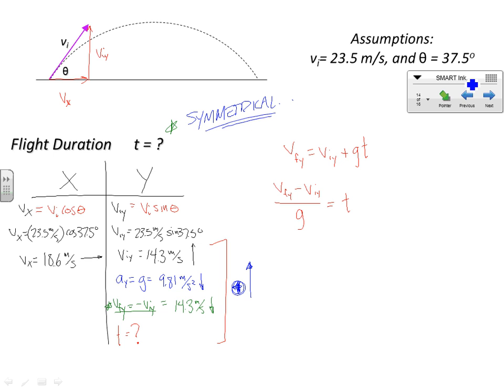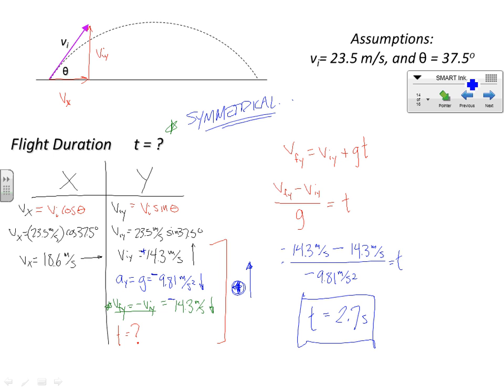So VFY is going to be negative, and G is going to be negative, and VIY will be positive. So this goes negative 14.3 for VFY minus 14.3 for VIY divided by negative 9.81 for G. And that's something like 2.7 seconds. You all calculated, of course. Something like that. Okay, what do you think?